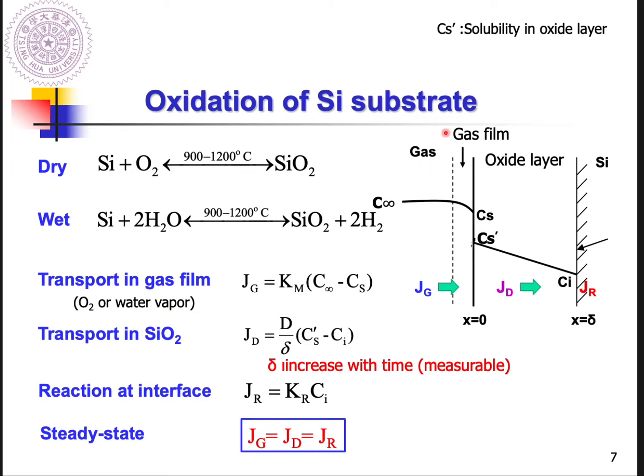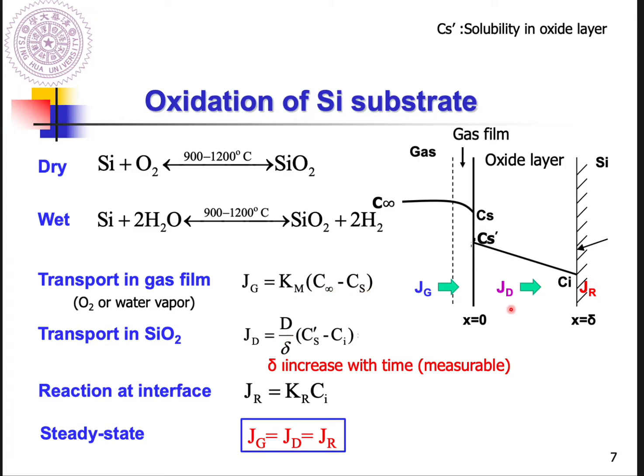Just rename the gas from oxygen to water vapor, and this will become the concentration of water vapor, and also the concentration of water vapor at the surface of the silicon substrate. But you use the same equation, just with different terms, okay?